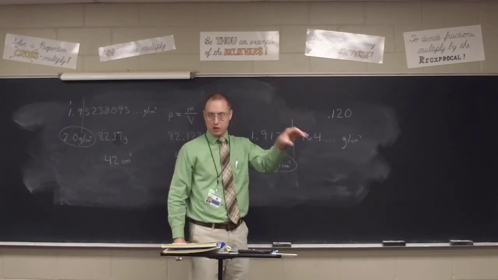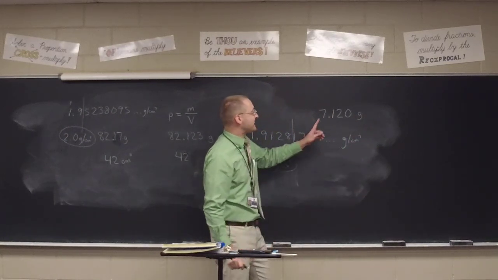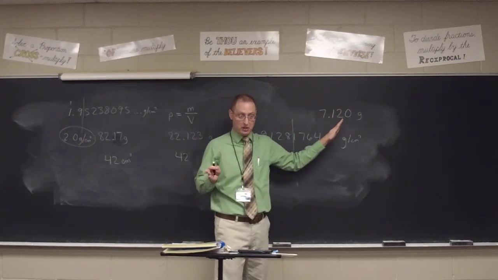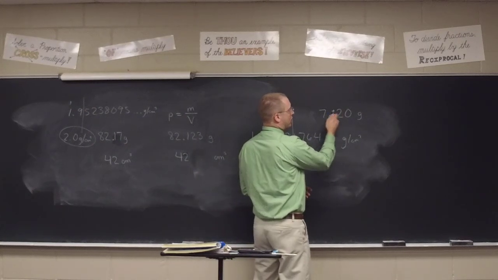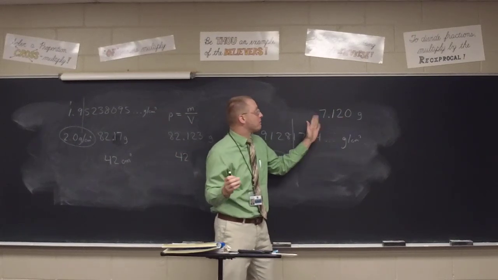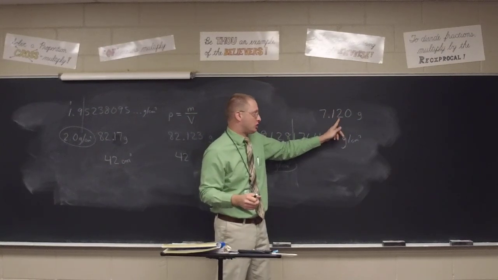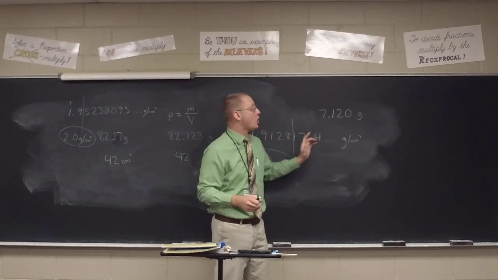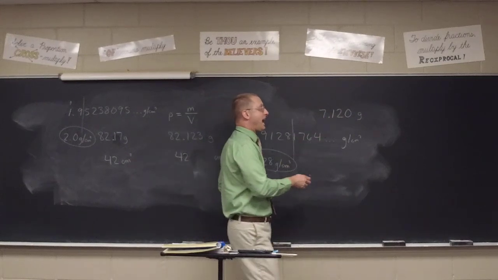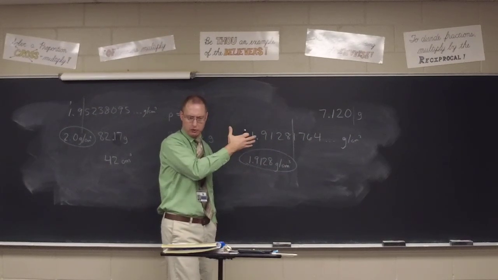For instance, if I put an object on Miss Morse's scale and it says it's 7.120 grams, the fact that that's a 0 and not some other number is significant. It means it really is 7.12, right? For instance, if this were 7.121, that would still be kind of the same as 7.12, right? Even 7.122 would still kind of be 7.12, right? It's not that I rounded to get this 2 and I just knocked the other numbers off. No, even this digit really is significant. Does that make sense? The presence of the decimal just helps to indicate I actually rounded to the thousandths place, or in this case the milligrams, not to the centigrams, for instance.